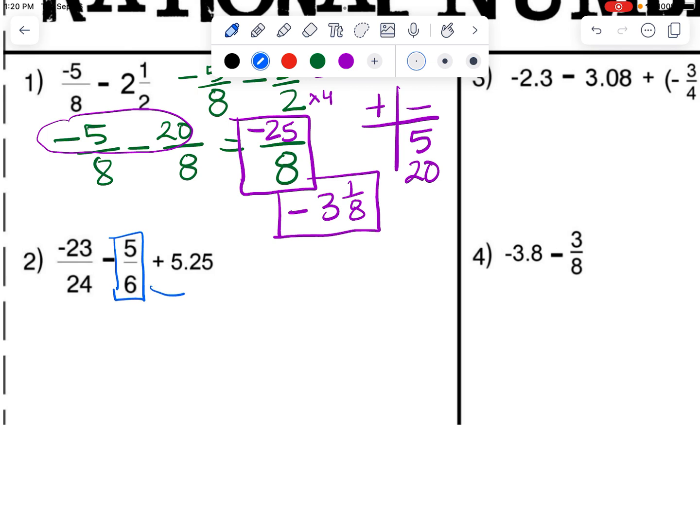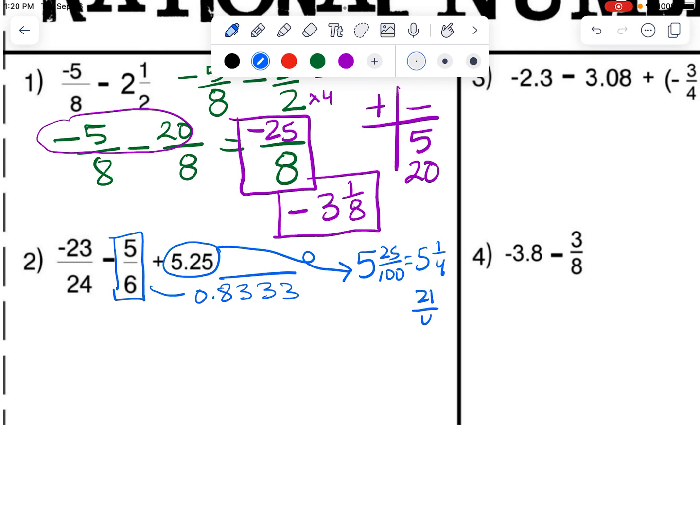But this decimal is 0.8333. It repeats. So we don't want to use a decimal for that. It would be easy to make this a fraction. So let's change this to a fraction. Let's make it 5 25/100, which is 5 1/4, which is 21/4.